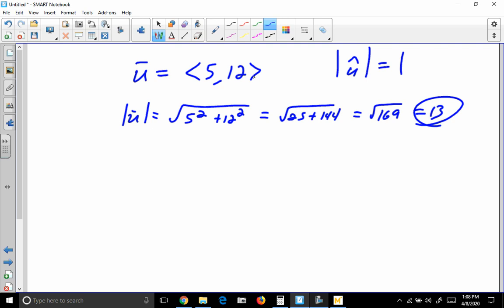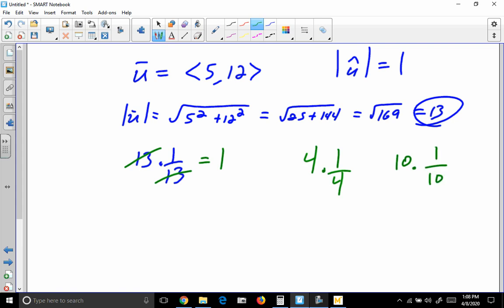So that's how long this vector is, 13. We want a vector that's in that same direction, but is only 1 unit long. So we want 1/13 of that. If you have 13 and we take 1/13 of that, notice those cancel and give us 1. If we had a vector that's 4 units long, we would want 1 out of those 4 pieces. If we have a vector that's 10 units long, we would want 1 out of those 10 units.